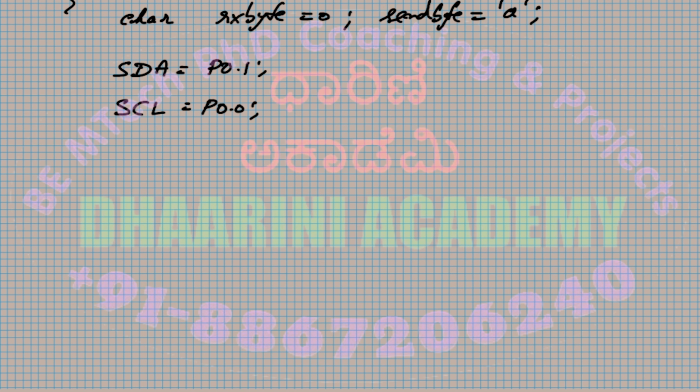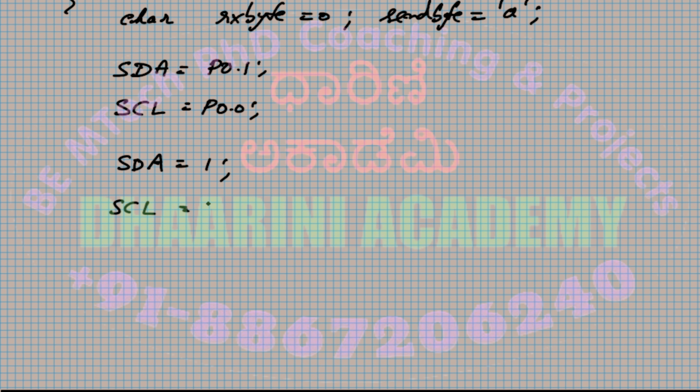Maybe they expect an initialization as well. Initialization happens very simply in this fashion. You can say that the SDA, pass SDA as 1, pass SCL also as 1. So both are made 1, 1. It means it is initialization.